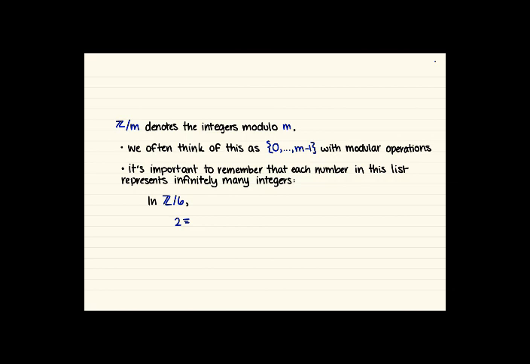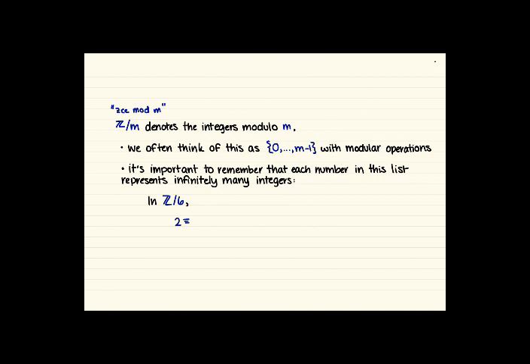So we use a special notation here to denote the integers modulo m. We usually say this Z mod m. And this denotes the integers modulo m, so we'll usually think about this as 0 up through m minus 1 with modular operation, so with the modular addition and multiplication that we've been talking about.